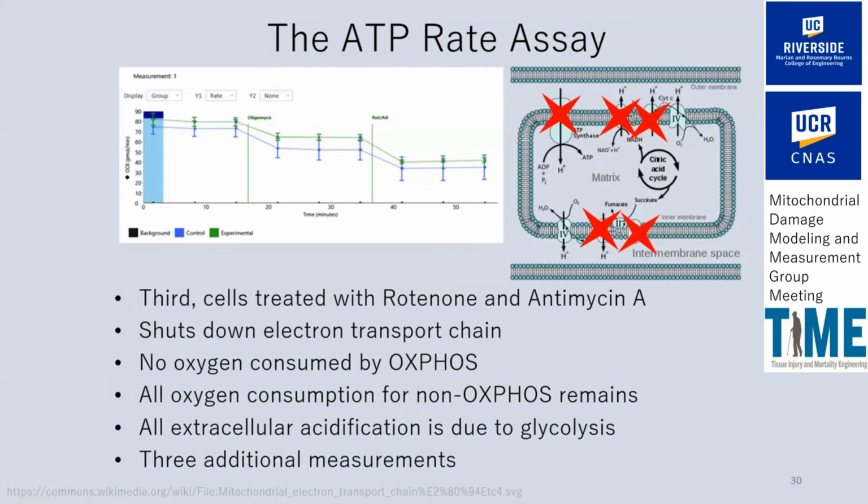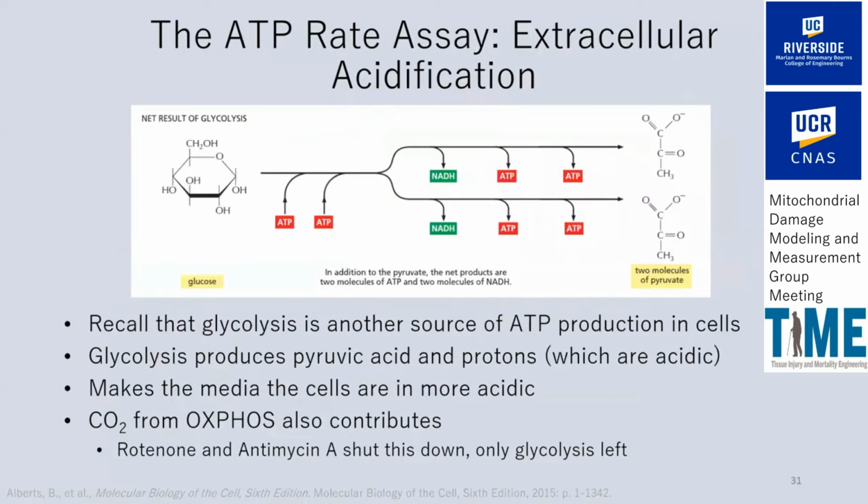In particular, let's take a closer look at how extracellular acidification is relevant. So glycolysis is another source of ATP production in cells. This process produces pyruvic acid and protons, which are acidic. This makes the media the cells are in more acidic. And so by measuring pH, you can infer how much of this process is going on, how much glycolysis there is, and then you can infer how much ATP the cells are producing from glycolysis.